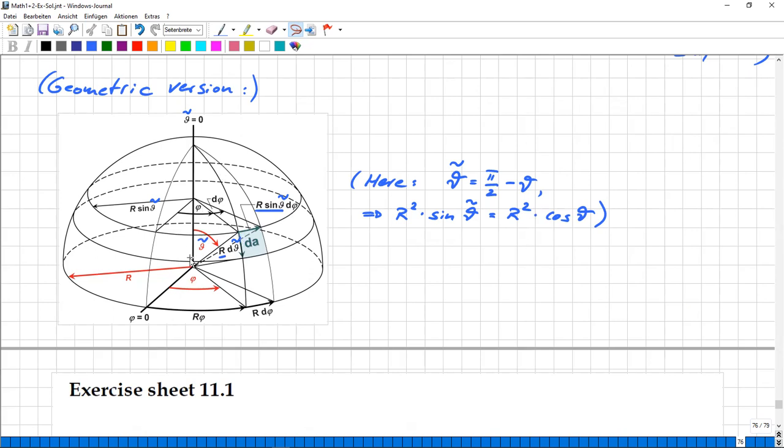And also, I hope you can see this right triangle here, where the right angle is there, but don't mix it up with this phi measured from the positive x-axis counterclockwise around the z-axis. Here you can see the theta tilde. And for a similar reason, the correction for an increment of theta, no matter whether it's taken to be this or that, is just a factor of r, because this refers to the distance from the origin.